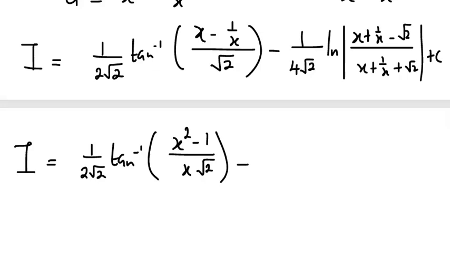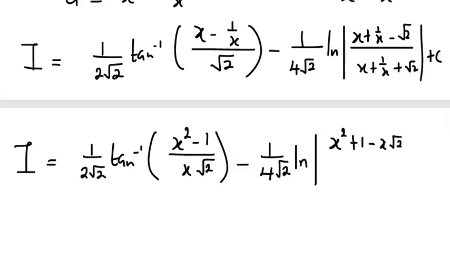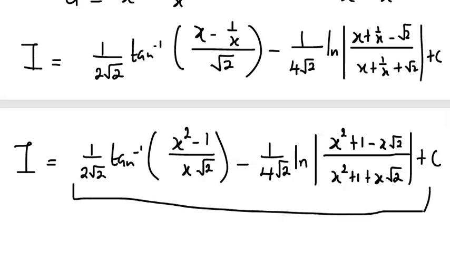And then minus 1 over 4 root of 2 times the natural log of, multiplying the numerator and the denominator by x, x squared plus 1 minus x root of 2, divided by x squared plus 1 plus x root of 2. And then we have our plus c, and here is our final solution.